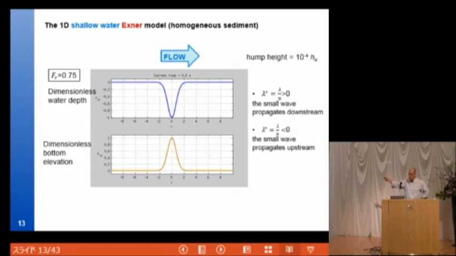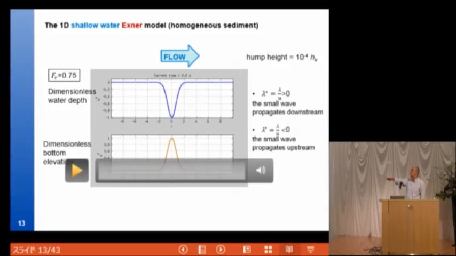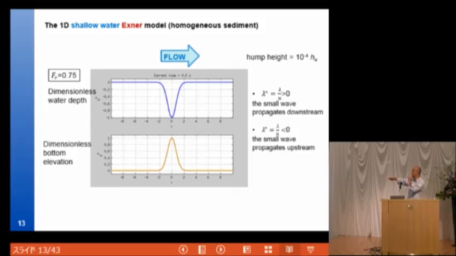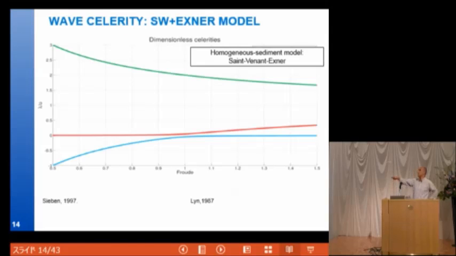In the next slide, I will present the results in terms of lambda star, the dimensionless value of lambda, the eigenvalue, the celerity of the small perturbation. If this value is greater than 0, the small wave propagates downstream; if less than 0, it propagates upstream.